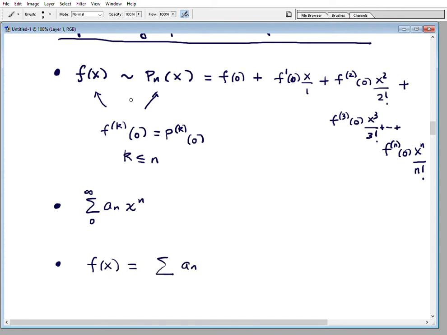So rather than a finite polynomial approximating a function, we're now looking at infinite power series, or infinite polynomials, equal to functions in specific examples. Okay, so this is what we're going to look at in 109.